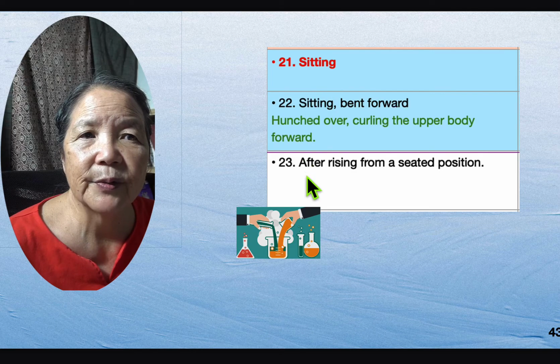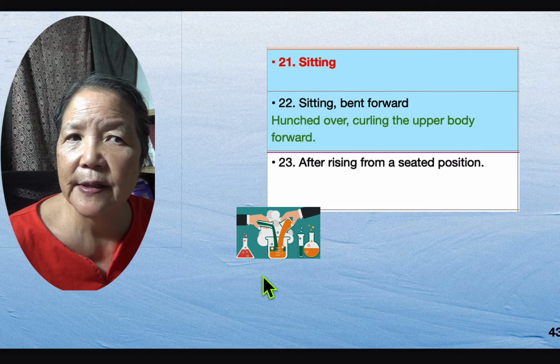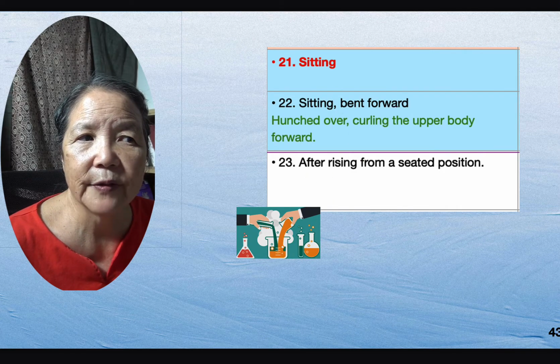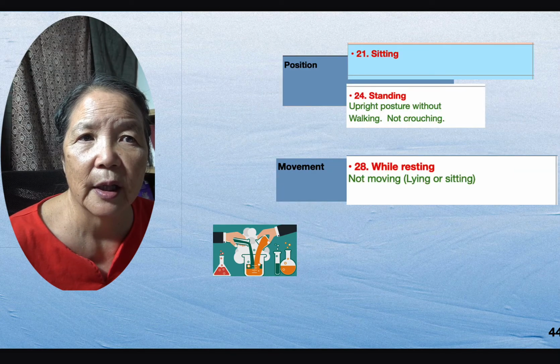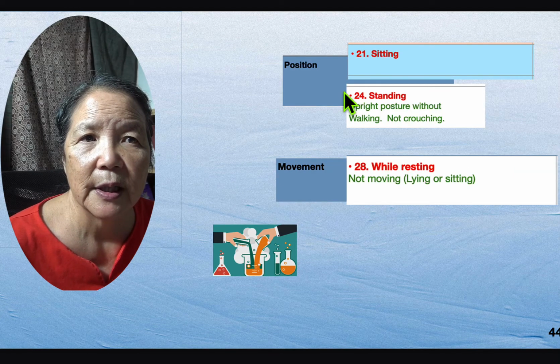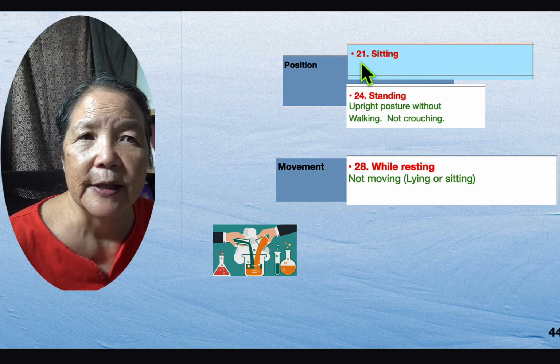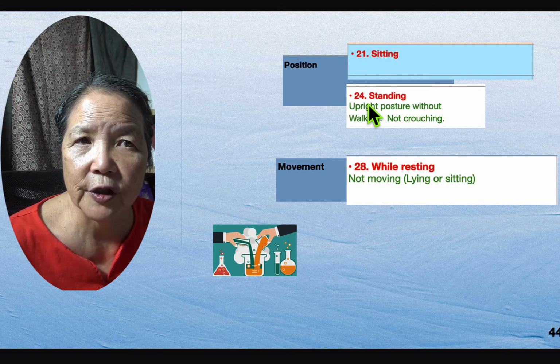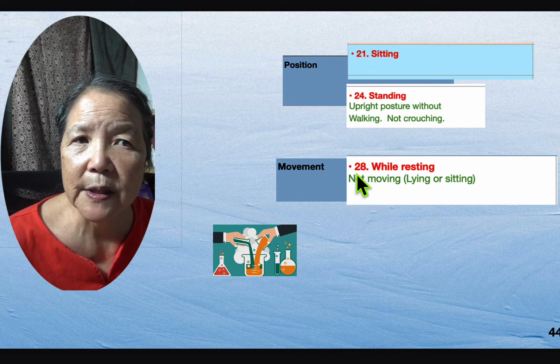Now, all of these three are different, and these are very easy to ask your patient to try and see what's different. This one and this one are about position, and they're kind of contrasting position. But this one is about movement.